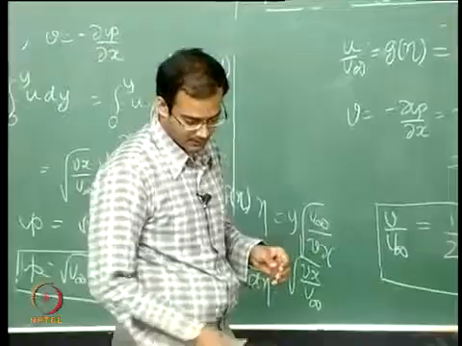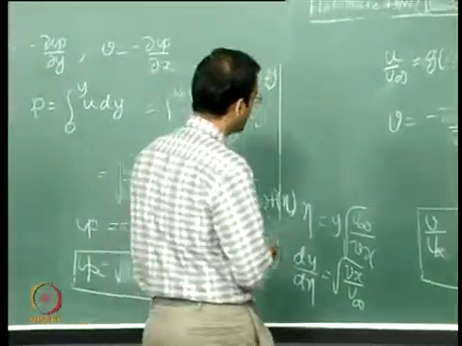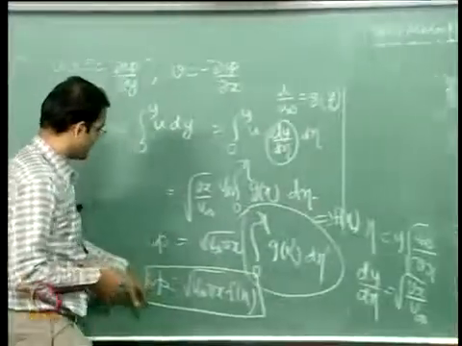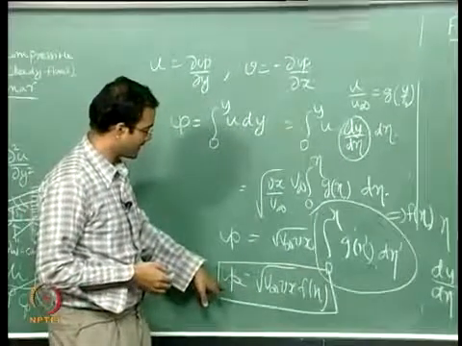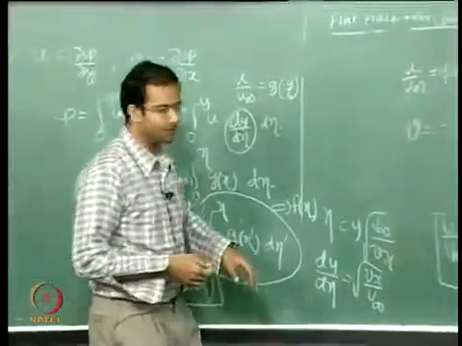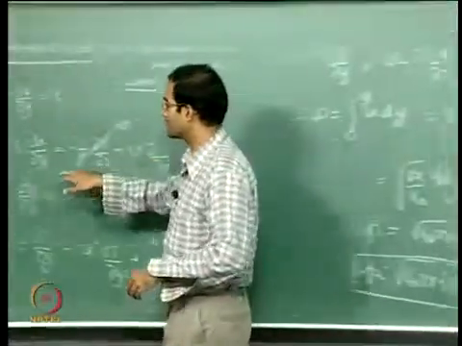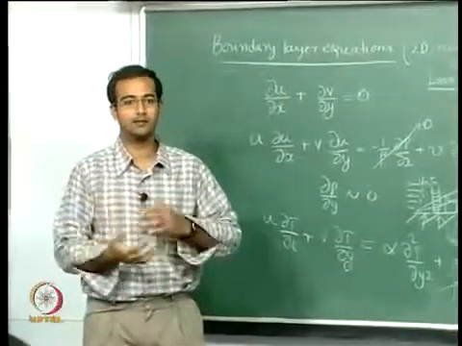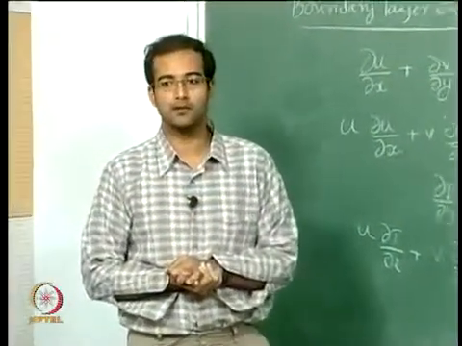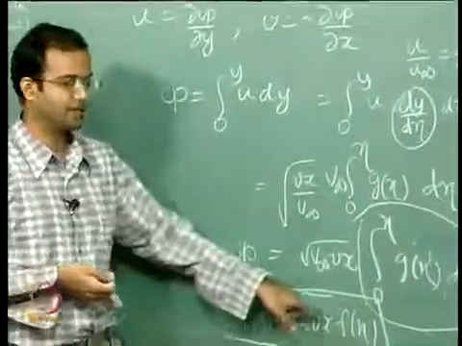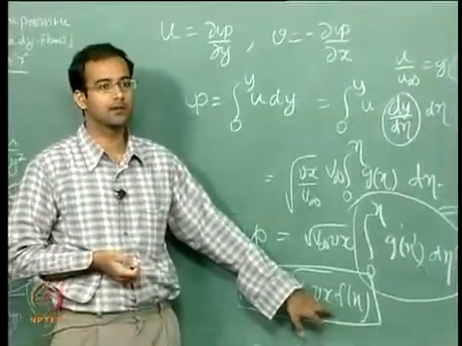Tomorrow we will plug in. So why are we doing all this? We are first getting an expression for similarity, the stream function as a function of the similarity variable. In your boundary layer equations, your velocities and derivatives all have to be cast in terms of the similarity variable. How are we doing that? Because velocity is a function of psi and psi is a function of the similarity variable.